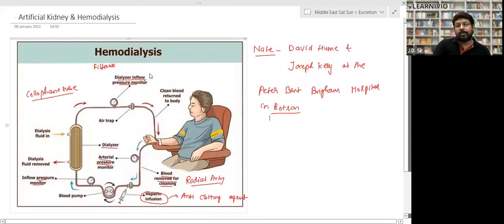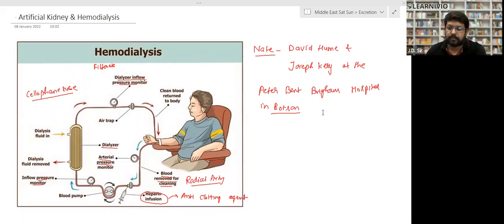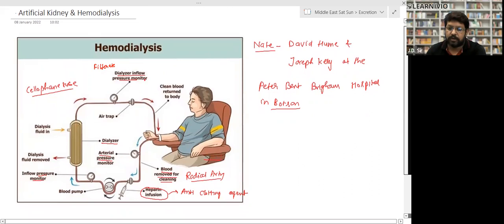Now, the last topic, that is hemodialysis. What is hemodialysis? This hemodialysis is also known as artificial kidney. So put the heading artificial kidney and hemodialysis. So do you know what that is? Dialysis, I think you all must have heard this term. What is dialysis?